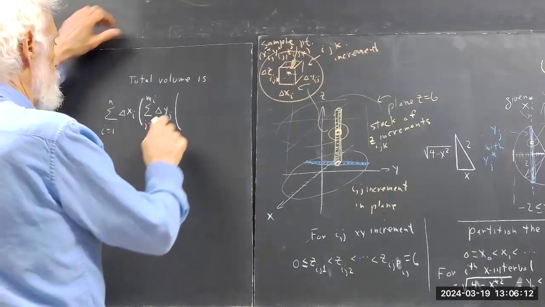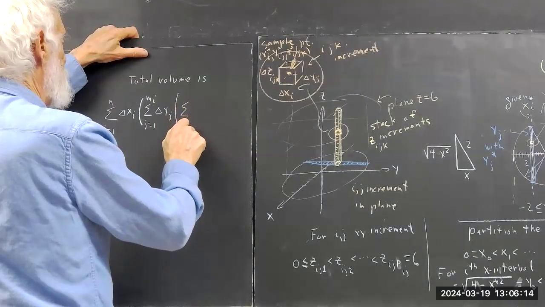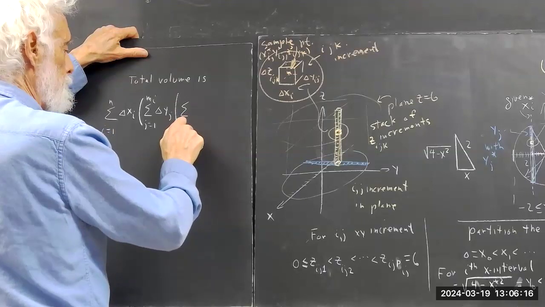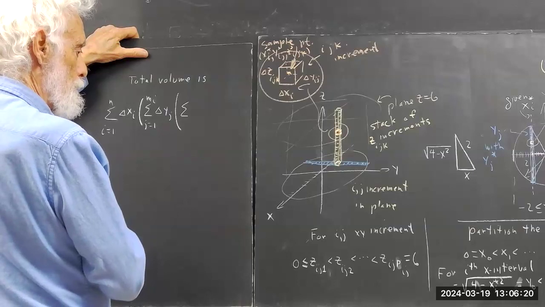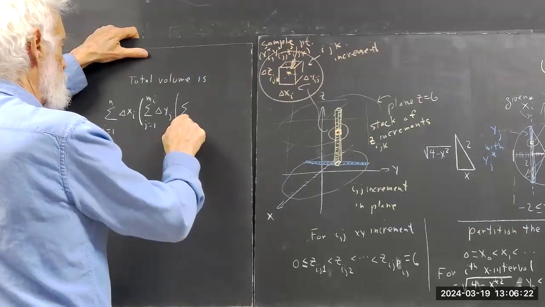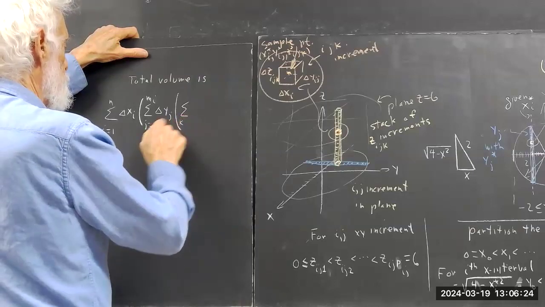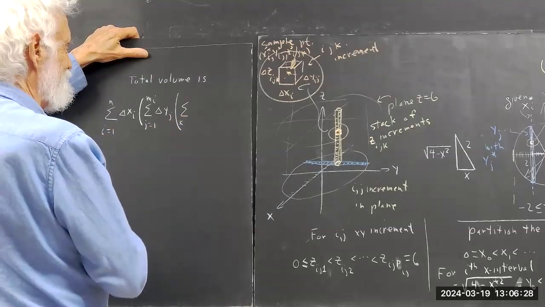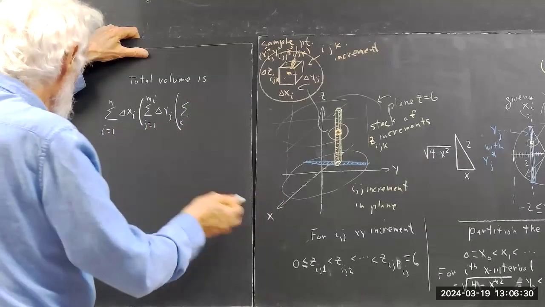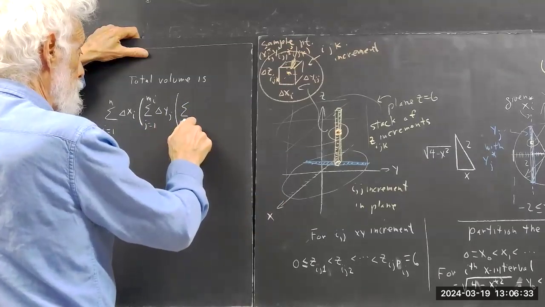And that's going to be multiplied by the sum of the delta z's. I'm being a little bit loose with my notation, but I'm going to have to.